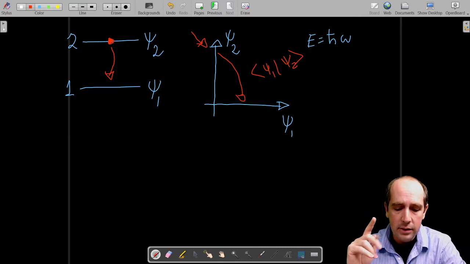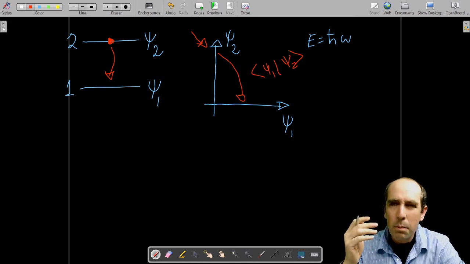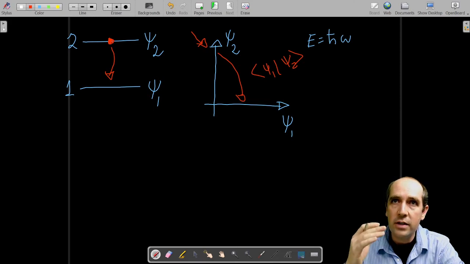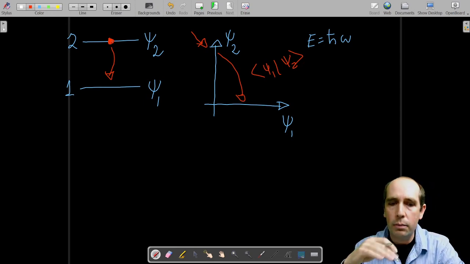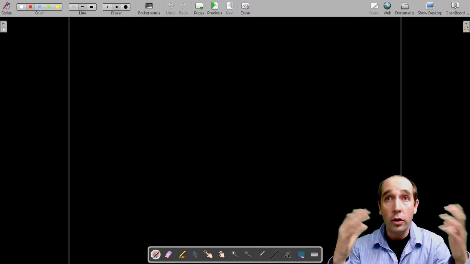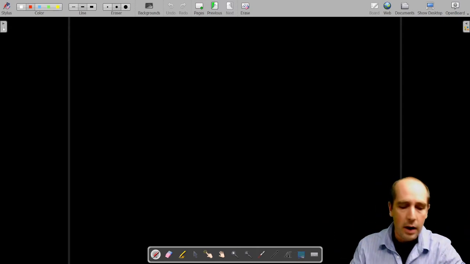However, the existence of spontaneous radiation or spontaneous emission of radiation proves that there's something wrong in this logic. And what's wrong is our vision of the electromagnetic field. Electromagnetic fields also have to be seen in the context of quantum mechanics. And that's a part we haven't done.